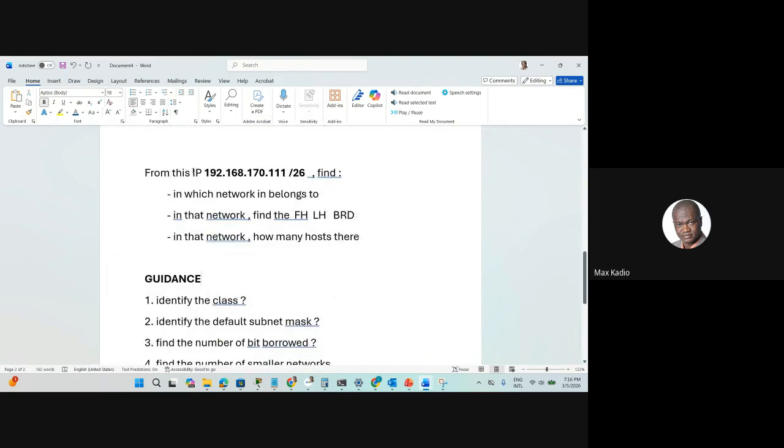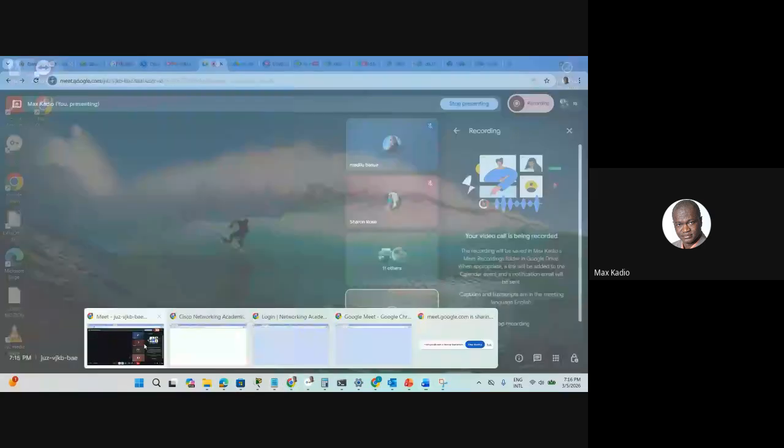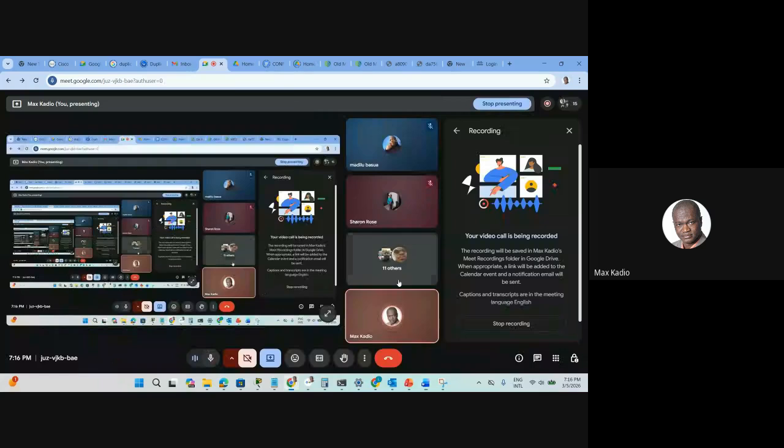Okay, this is a network. This is an IP: 192.168.70 slash 26. Anytime you have an IP, it comes with a subnet mask. Remember, the subnet mask is a number to identify. For example, if you have a cell phone number, 081-565-2210, is it a Cell C number, a telecom, Vodacom, MTN?